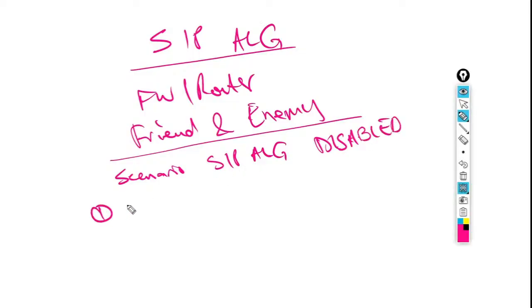When we've got a static one-to-one NAT, we don't need SIP ALG enabled.